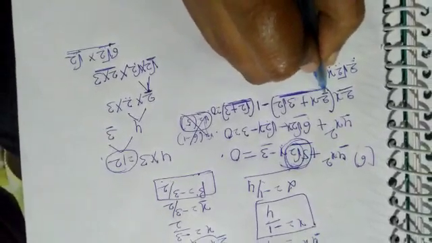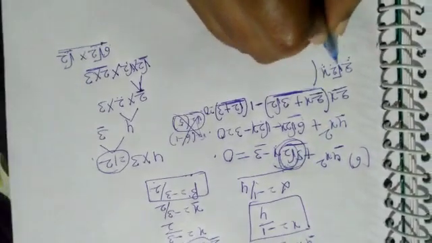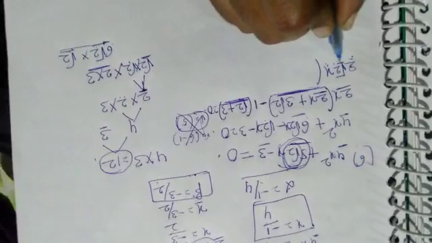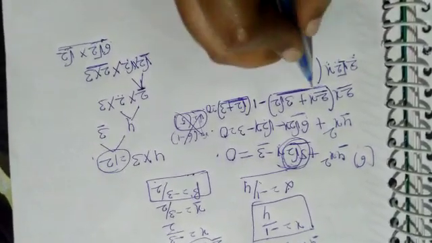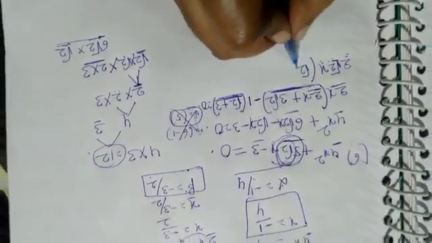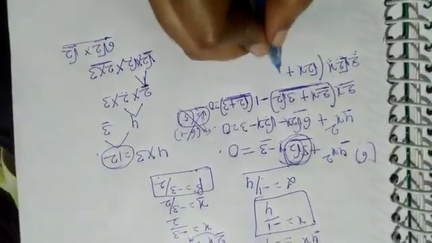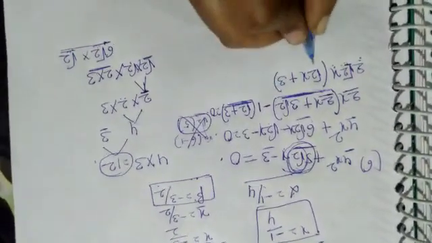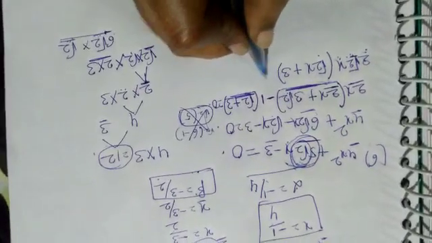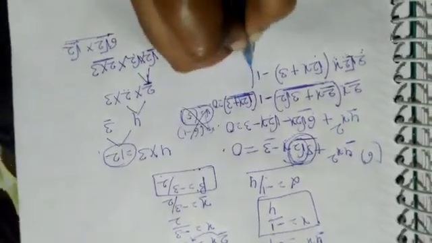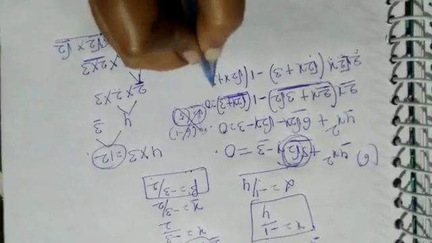So root 2 into root 2 is 2. Here we take root 2 common, remaining root 2 x plus 3. Minus 1, so 2 root 2 x plus 3 equal to 0.